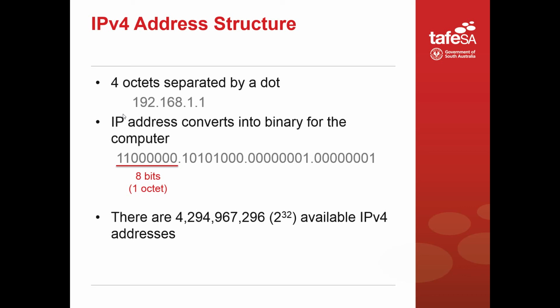Now, that seems like a lot. However, when IPv4 was first invented, we thought 4 billion would more than exceed the number of computers we would ever need. Of course, that was back in the day when computers weren't as popular as they are now, and now every home pretty much has a computer.